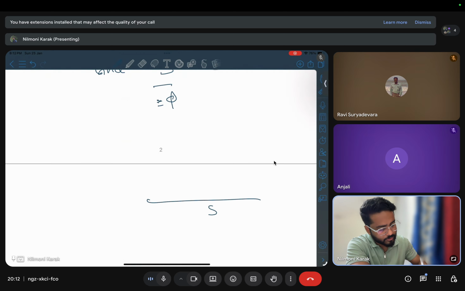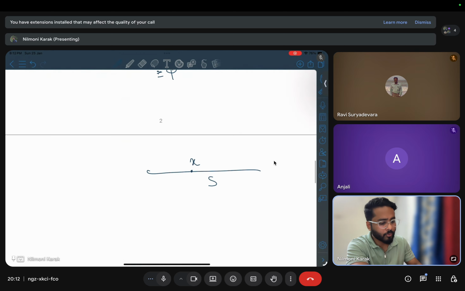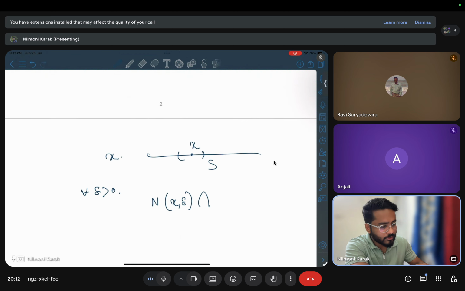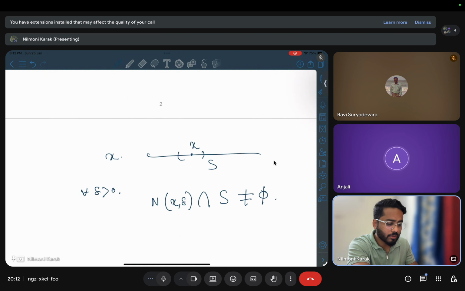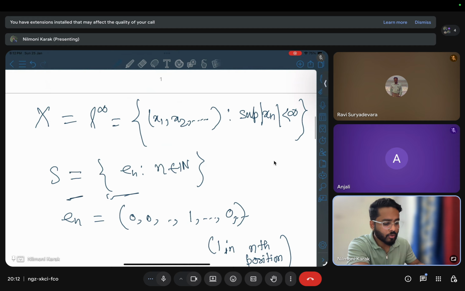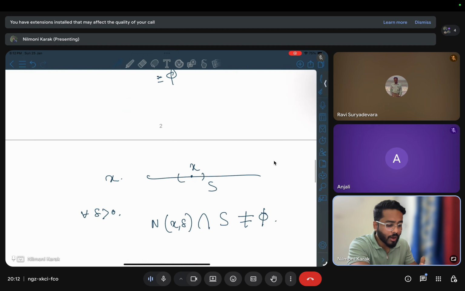This is your set S, and X is a limit point, or X may be outside the set. Any delta neighborhood, for delta greater than 0, the neighborhood of X with radius delta intersected with this set is not equal to phi, right? This is the definition. Then if you take any point from this set, you can construct one delta so that the intersection is phi.